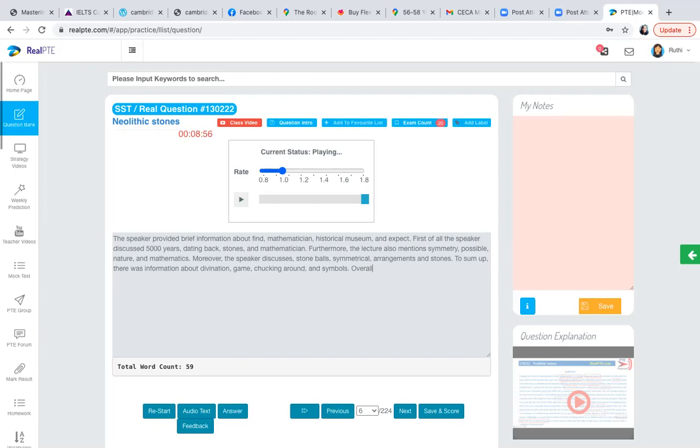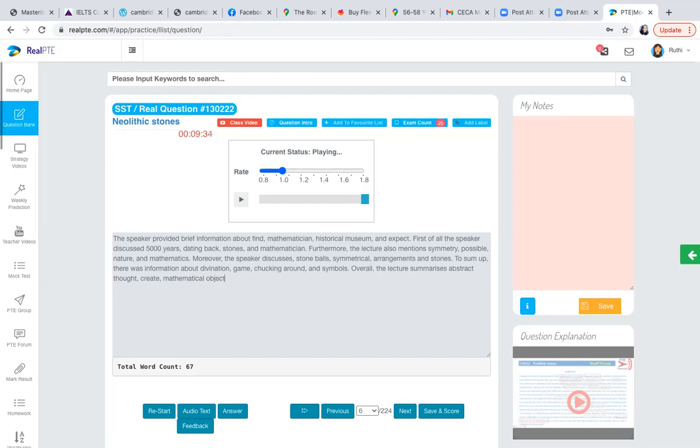Overall, the lecture summarizes, you say abstract thought, comma, create mathematical objects.